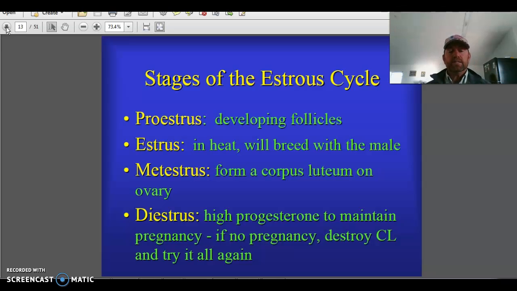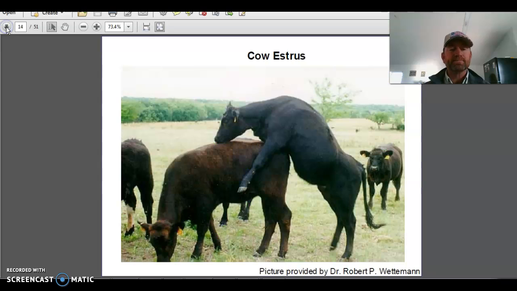And diestrus is the high progesterone that maintains most of our heat, which we call the luteal phase of their cycle. If they decide there is no pregnancy, then the endometrial layer of the uterus will release prostaglandin, and that prostaglandin will cause the CL to regress, and the cycle will start again.